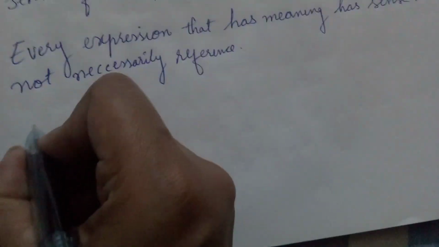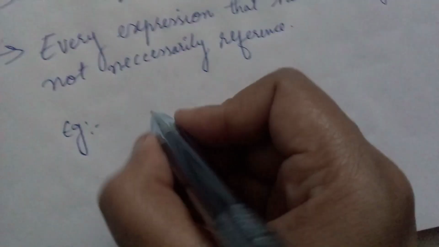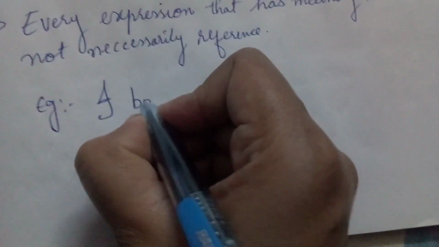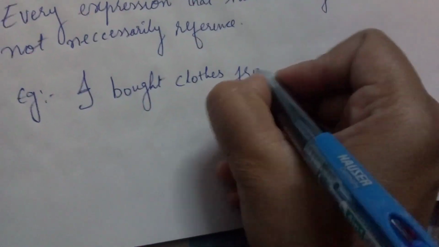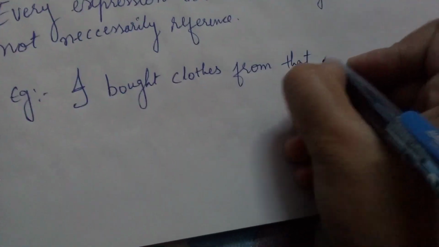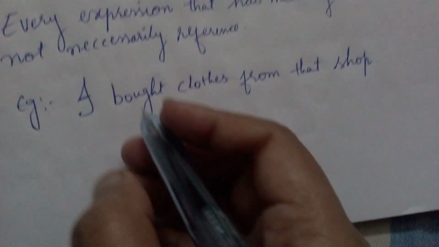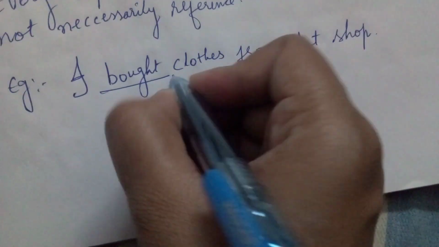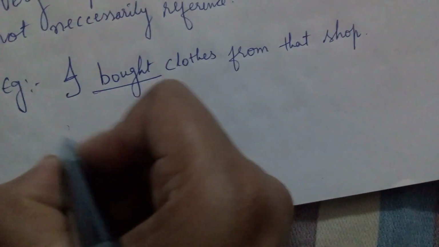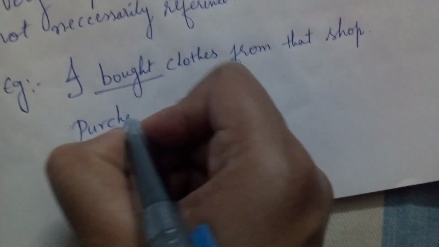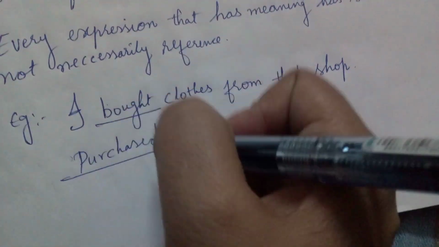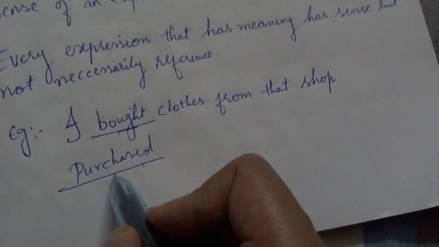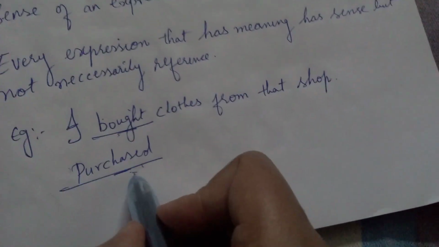Let's take an example. I bought clothes from that shop. Here, bought or purchased have the same sense. Okay, bought and purchased have the same sense.